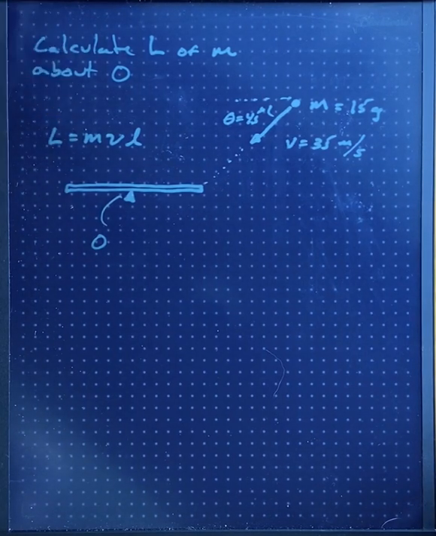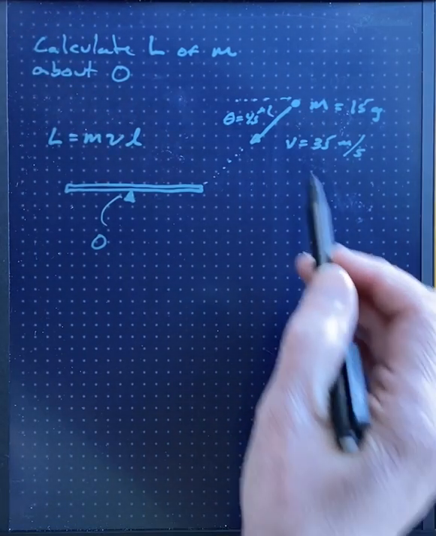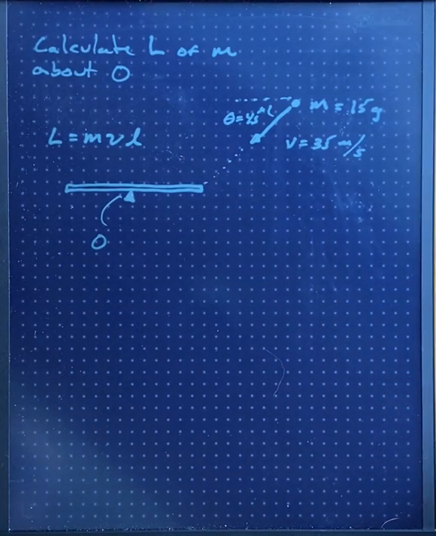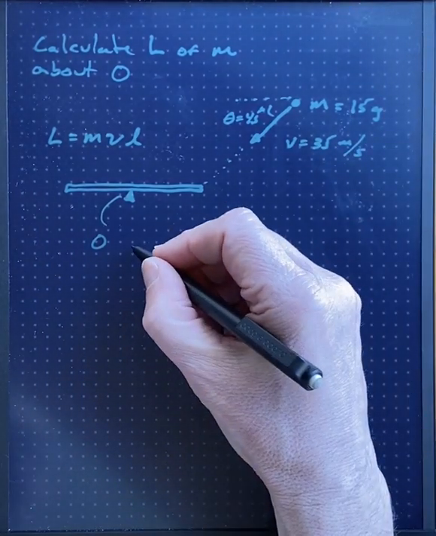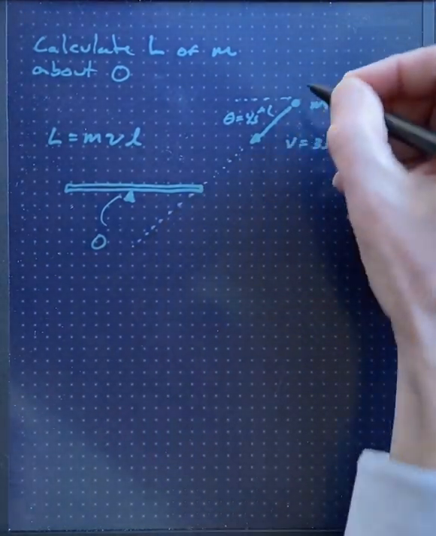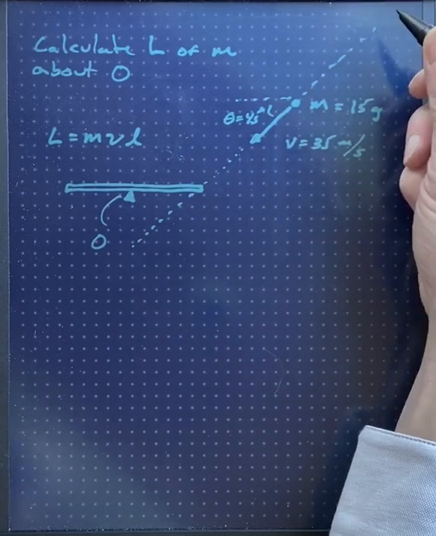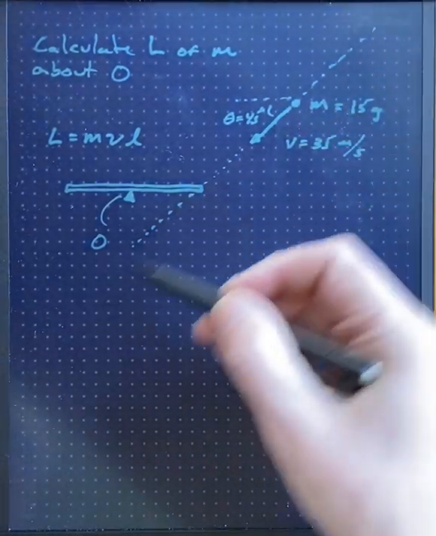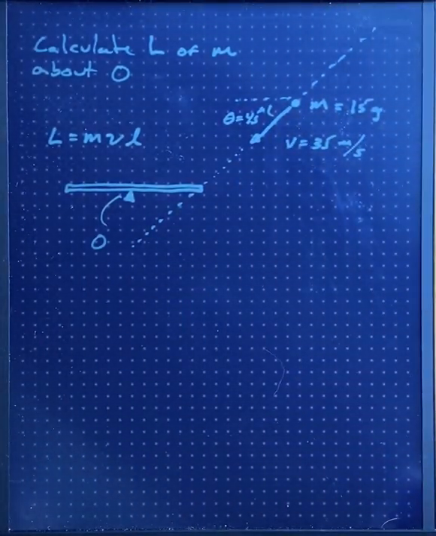We have the mass, 15 grams, although let's not make the rookie mistake, we're going to need it in kilograms. We have the speed, 35 meters per second. But what's the moment arm? It's exactly like we found for torques. The way you figure it out is to extend in all directions the velocity vector to find the line that the velocity vector lies on at that instant in time.